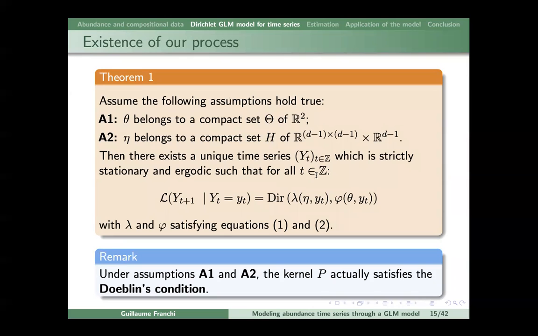Effectively, you just have to know the dynamic between two steps to describe the law of the entire process defined on the integers. This is the only thing necessary to build the entire process.